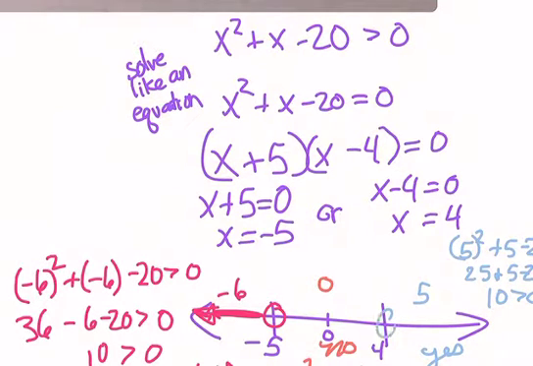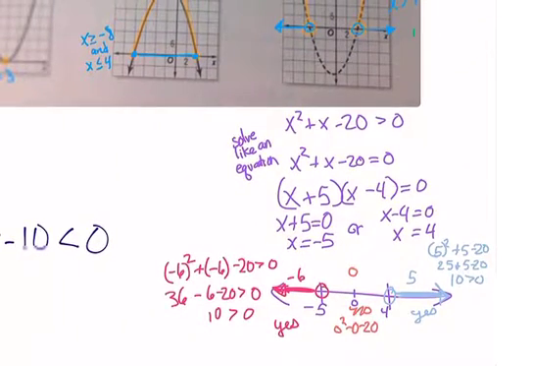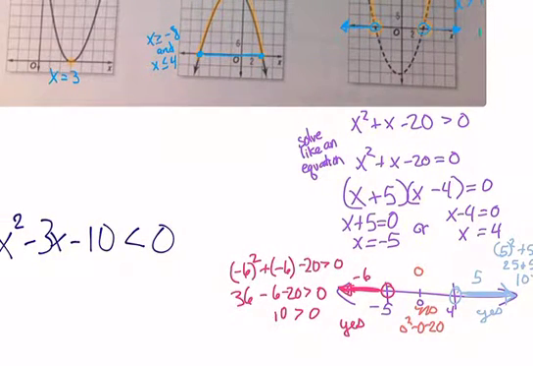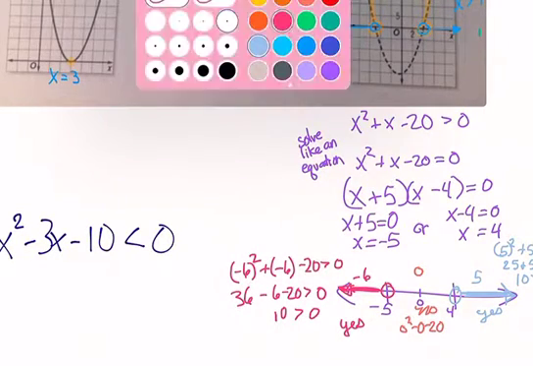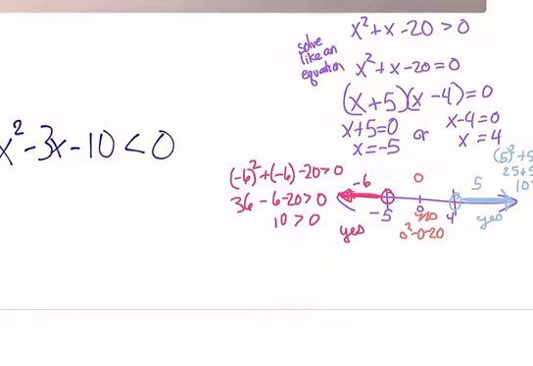Yes. So that would be an open circle since it did not say equal to. And we end up with this exact same number line as our x-axis. The number line itself can serve as your answer, or you can write your final answer in a way that portrays it. So x is less than negative 5, or x is greater than 4.